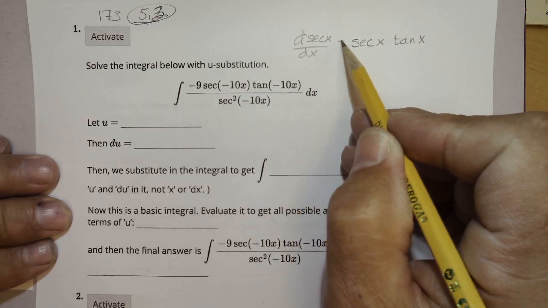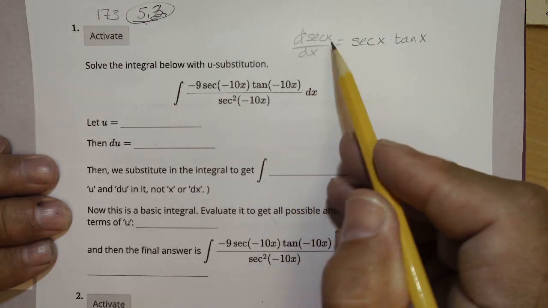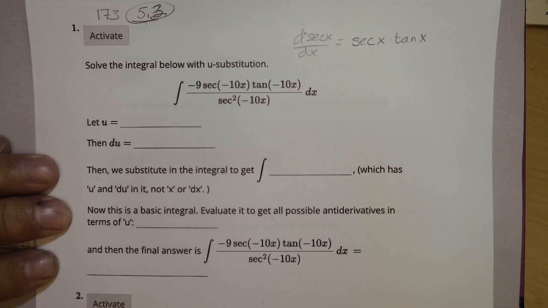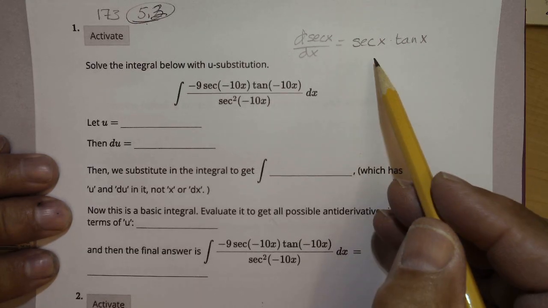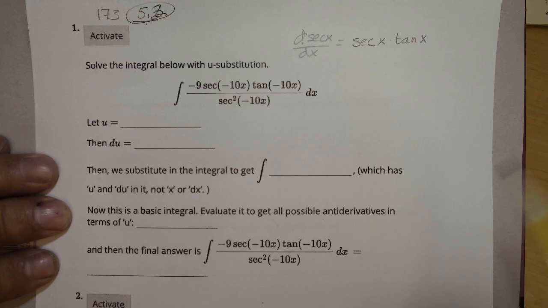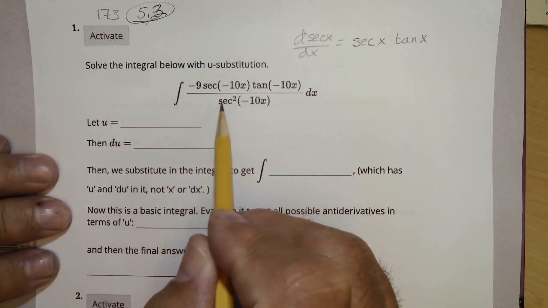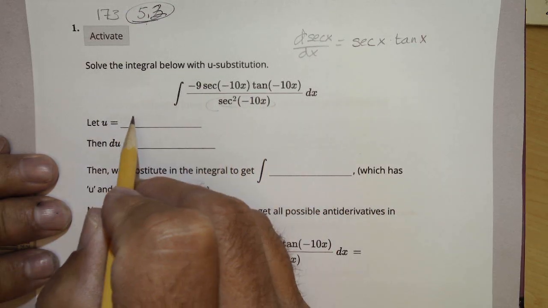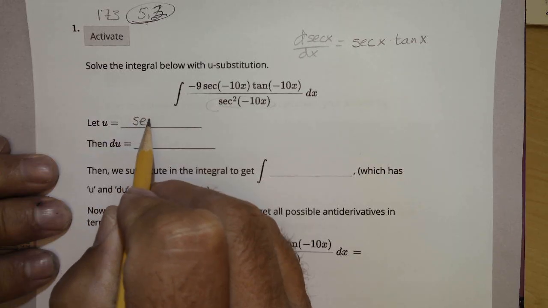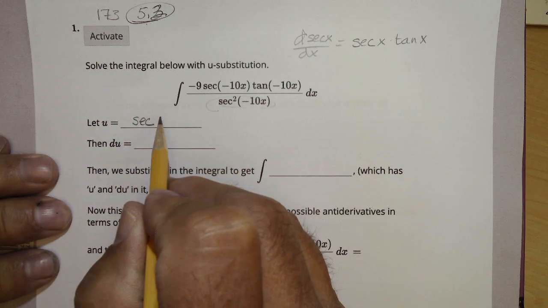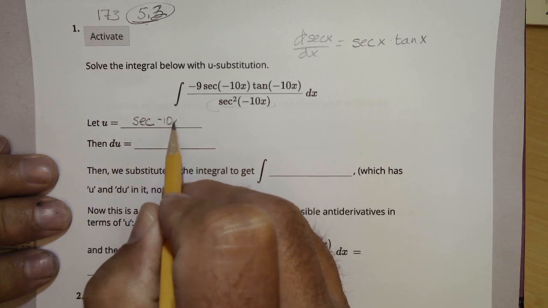If it doesn't remind you of something, you need to familiarize yourself with the table of derivatives. I see a secant here, so I'm going to let u be secant of negative 10x.